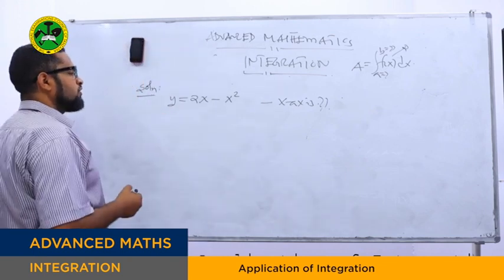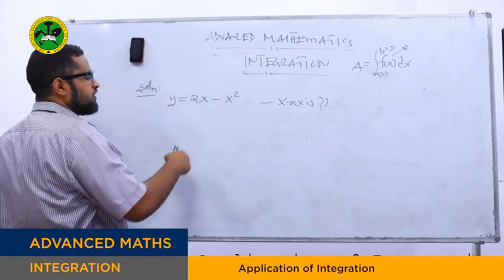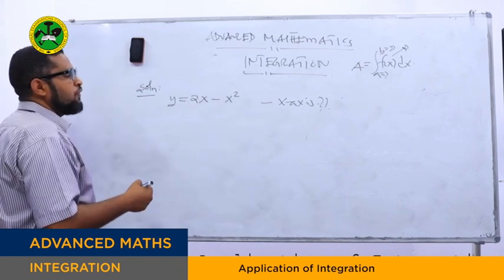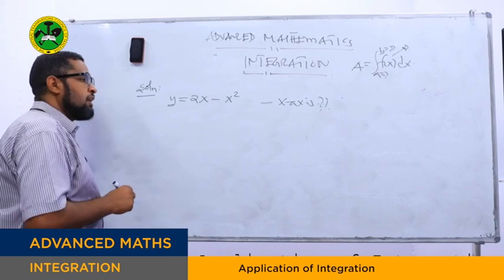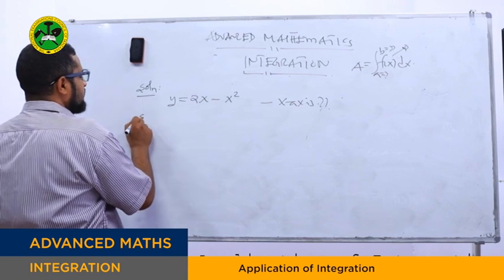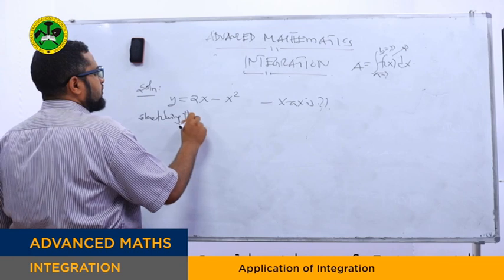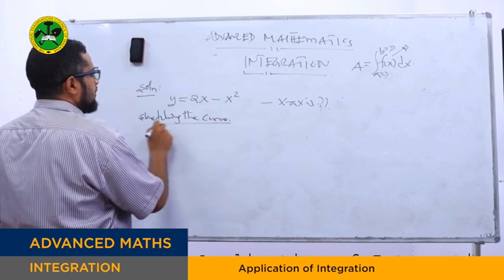So here we are going to sketch. But to help you, you can solve for the value of x so as you know which value of x am I supposed to include in my table. Now, sketching the curve.